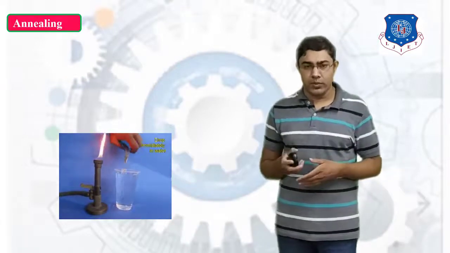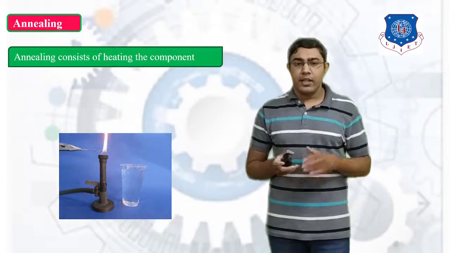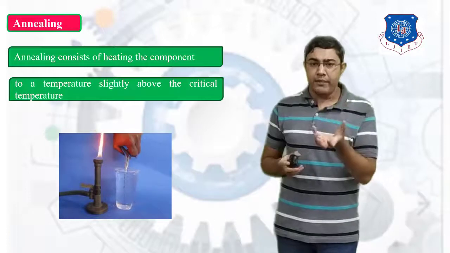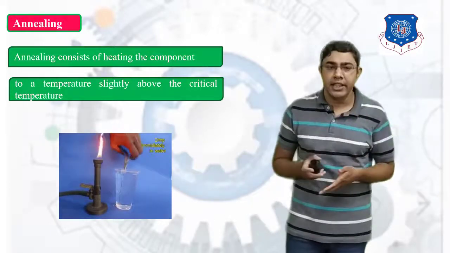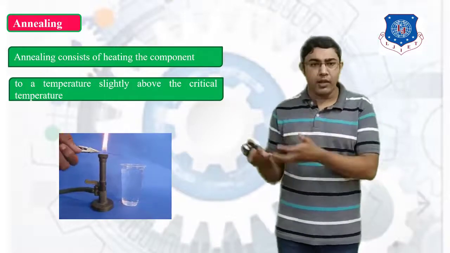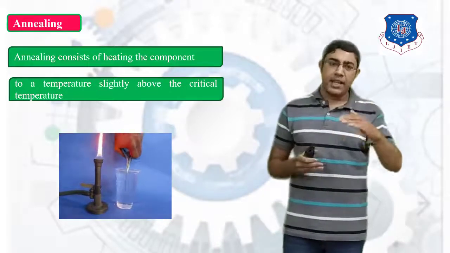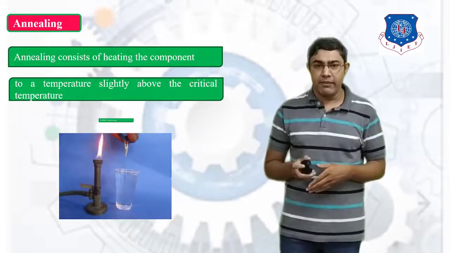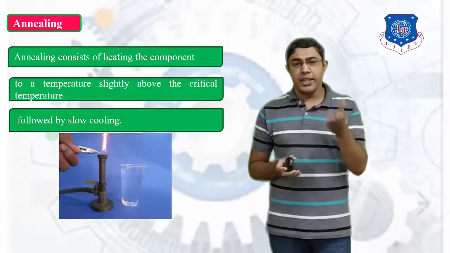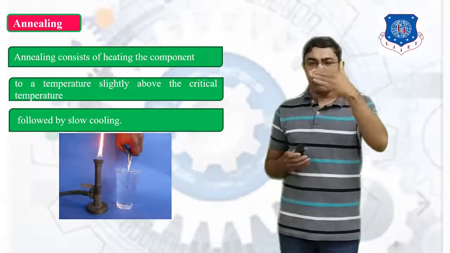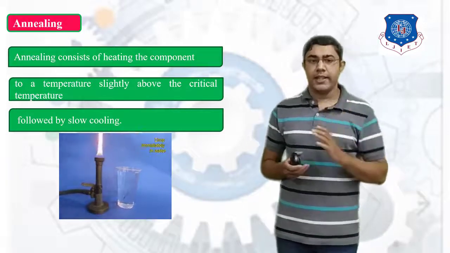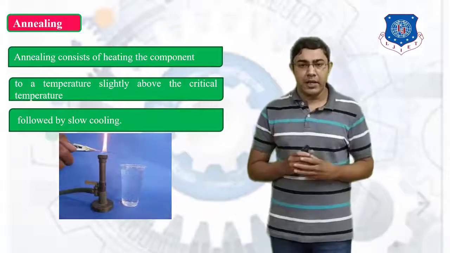In annealing, the component is heated to a temperature slightly higher than the critical temperature, and then followed by slow cooling. Heating the component slightly above the critical temperature and then followed by slow cooling is nothing but the annealing heat treatment process.